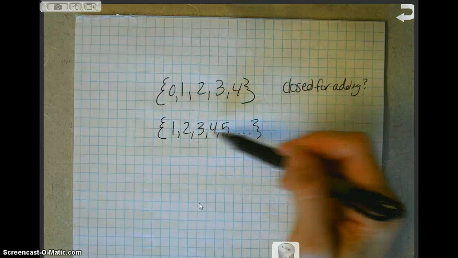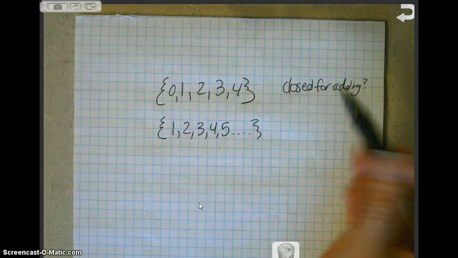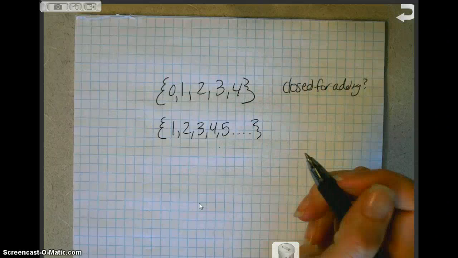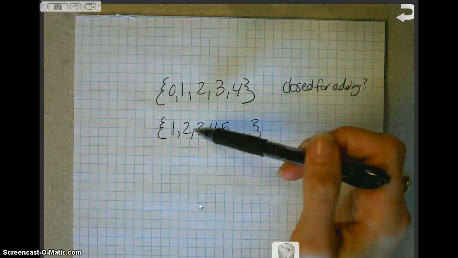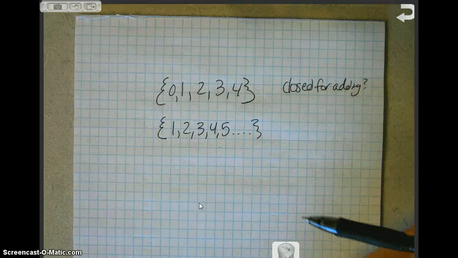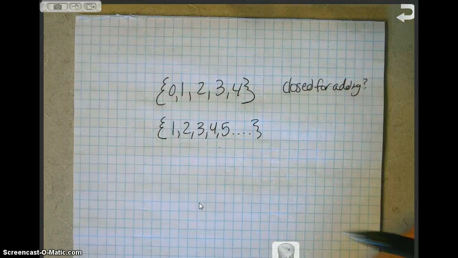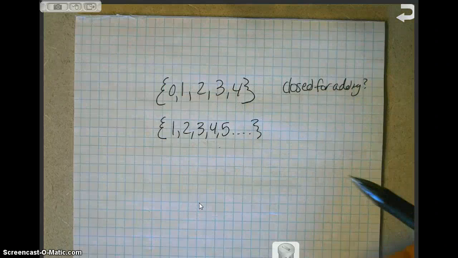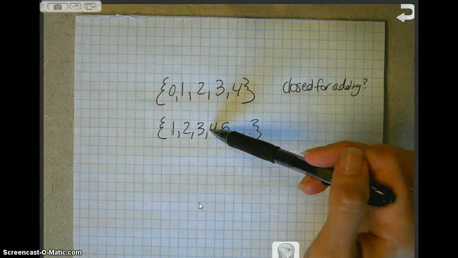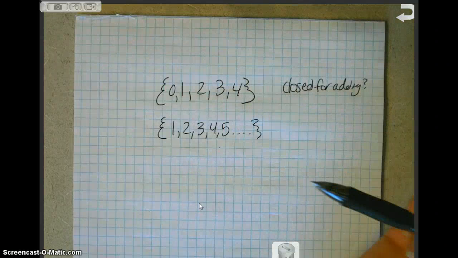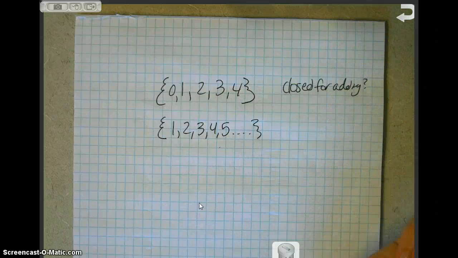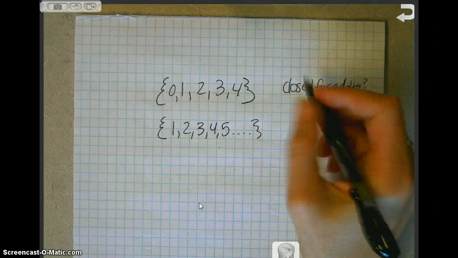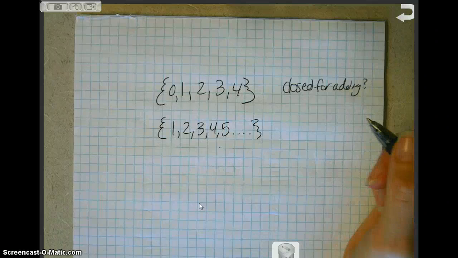If you take any of these together, will you always get a number that is in the natural set of numbers? Well, take two together. 2 plus 3 gives us 5. That's a natural number. How about 1 plus 1? You get 2. How about 1 plus 3? You get 4. How about 4 plus 5 plus 1? Okay, your result will be within the natural numbers. So the natural numbers is a closed set for adding.